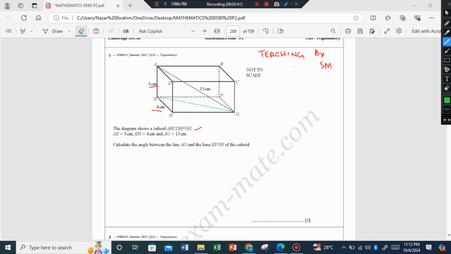This is basically this angle, which I am naming as X. Now to take out this angle X, I'm making this triangle over here, AGE.